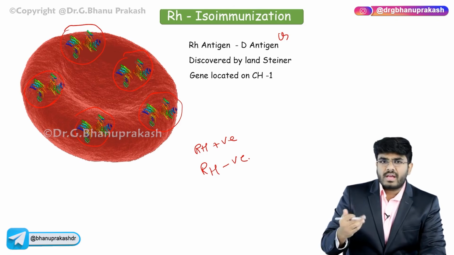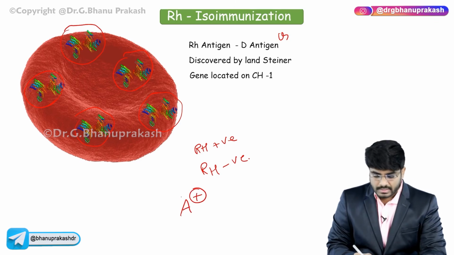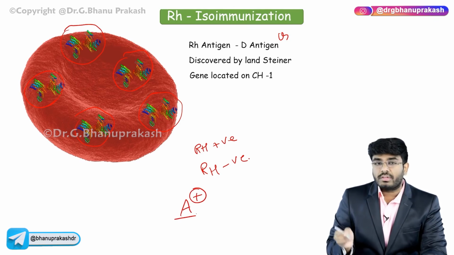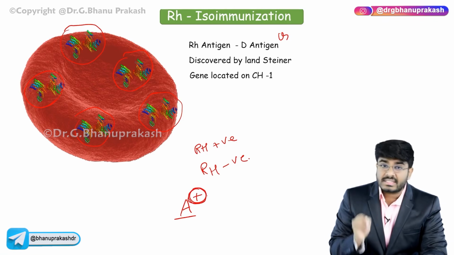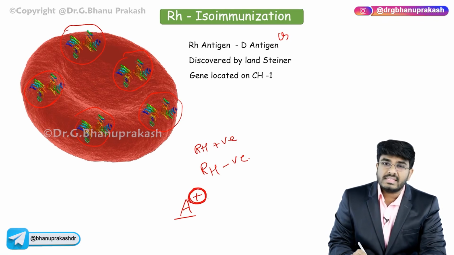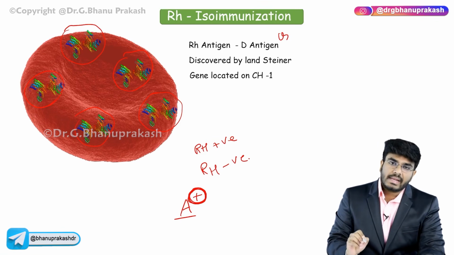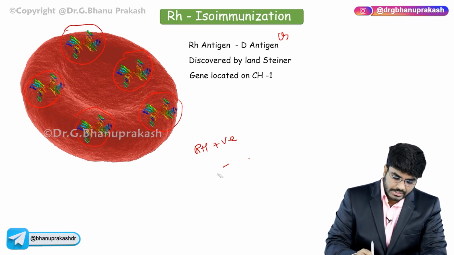For example, if I ask you your blood group, you will say, sir, my blood group is A positive. It means you have the A antigen on your RBC along with the RH antigen. That's the reason we show this positive. This positive indicates that on the surface of your RBCs there is the D antigen present. Hope the concept is clear, what is RH positive and RH negative.